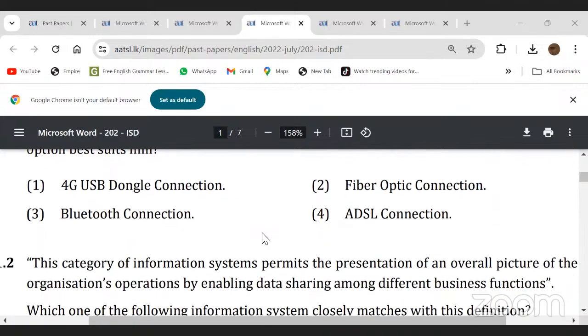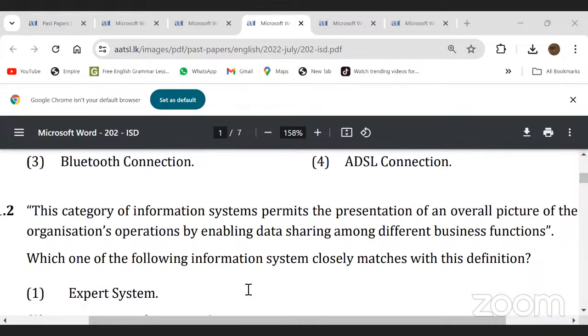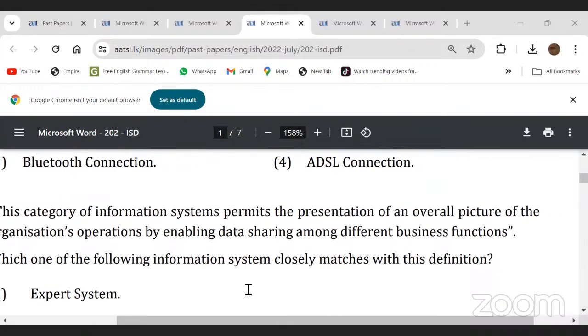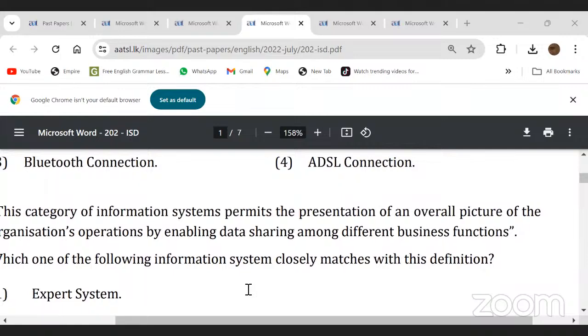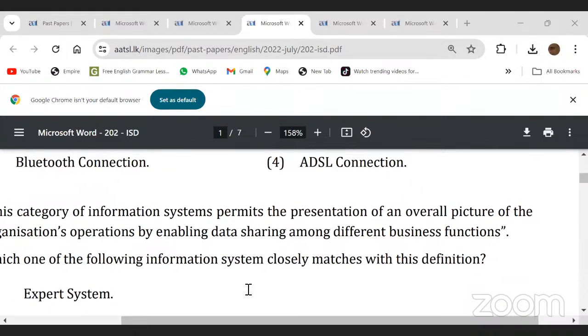Question number 1. This category of information system permits the presentation of an overall picture of the organization's operations by enabling data sharing among different business functions.